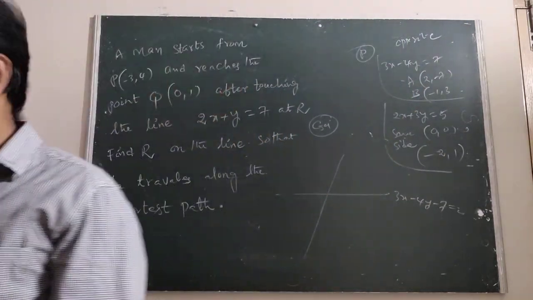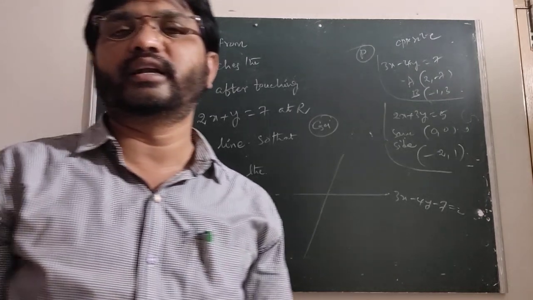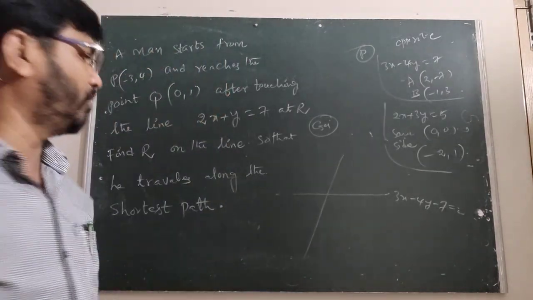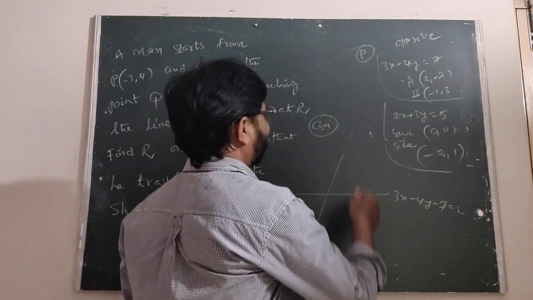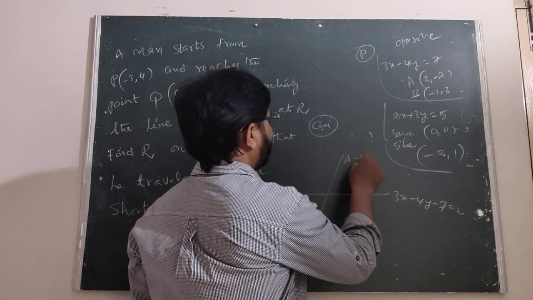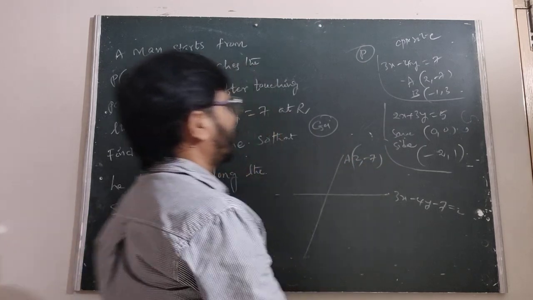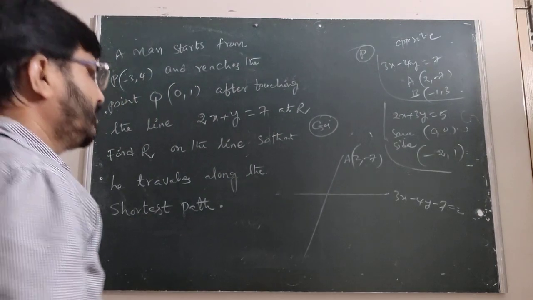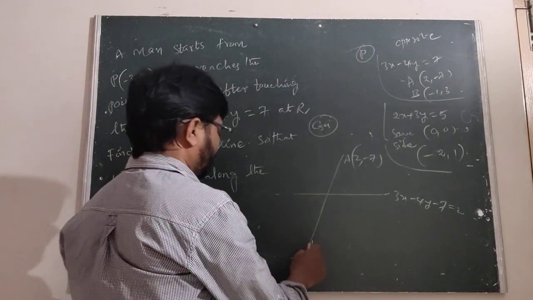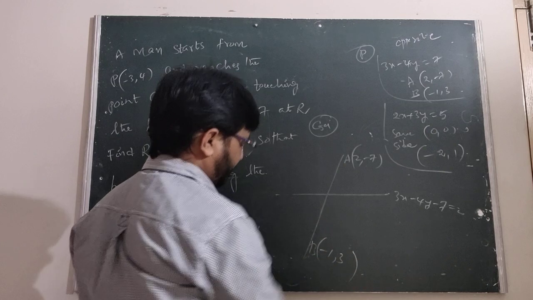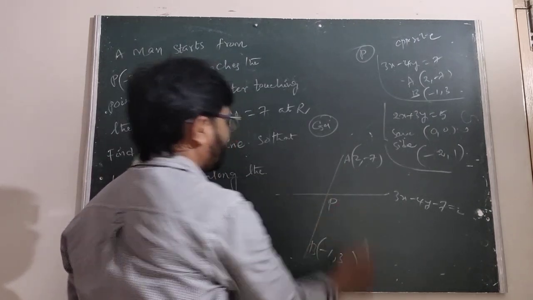L11 is greater than and L22 less than, so undoubtedly the points lie on either side, or opposite sides. Therefore you can write here A is (2, minus 7) and B is (minus 1, 3).